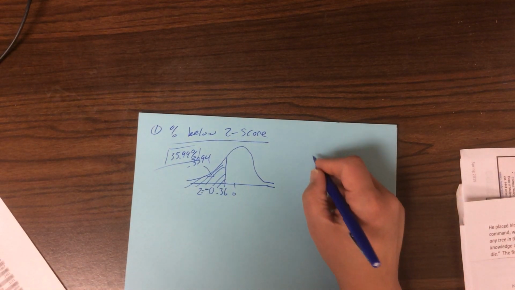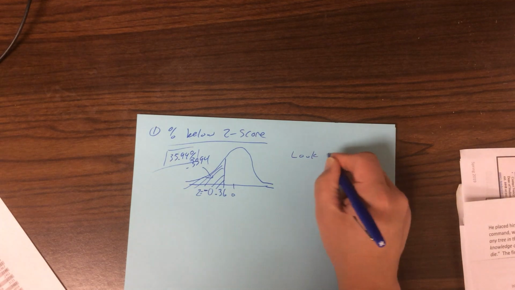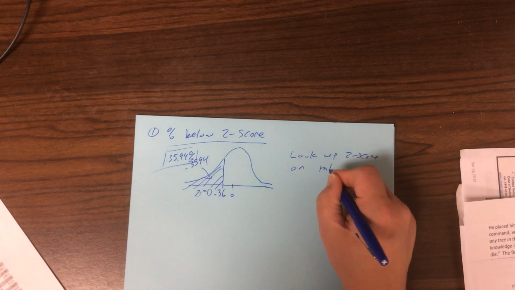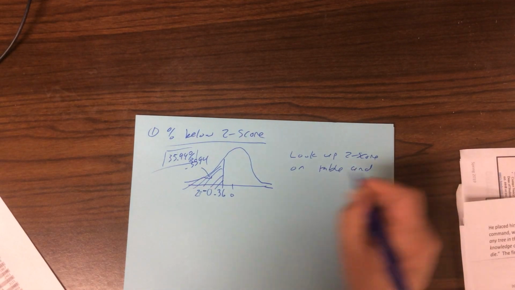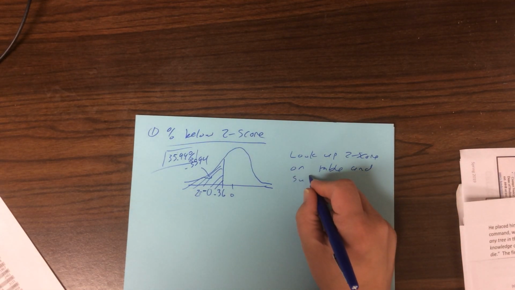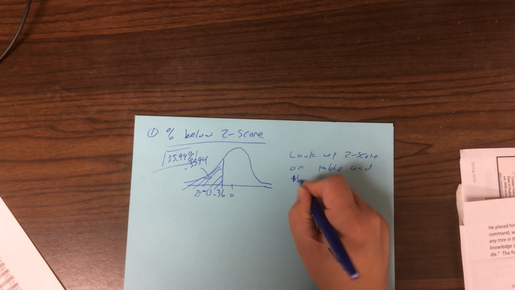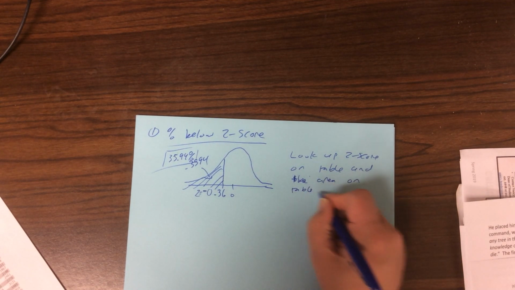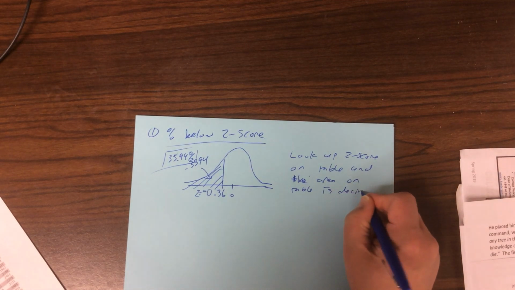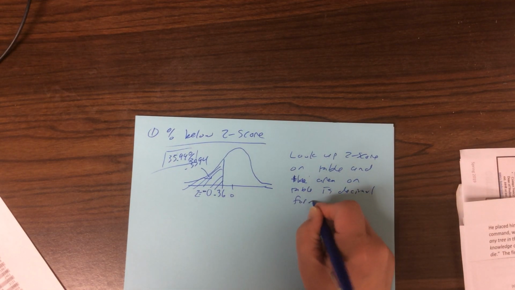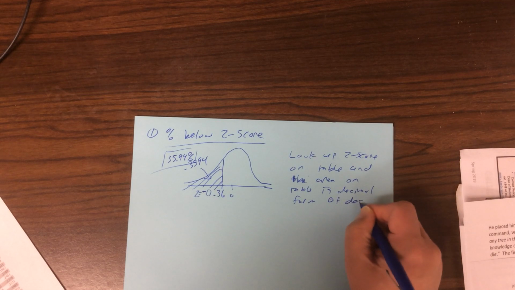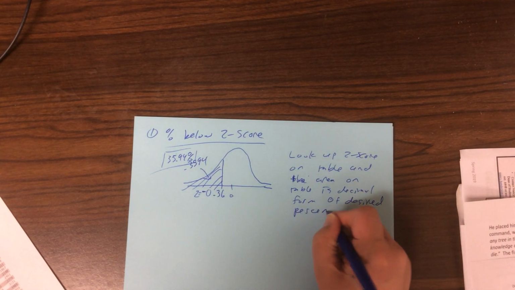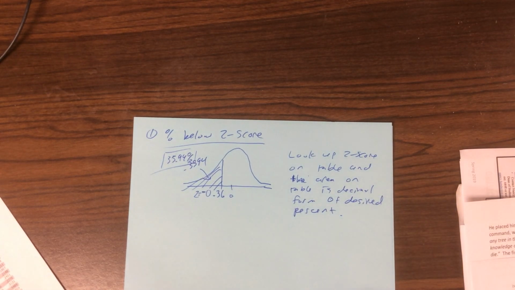So if I were to write a rule here, I would just say look up z-score on table and the area on table is decimal form of desired percent. Okay, that would be the simplest case.